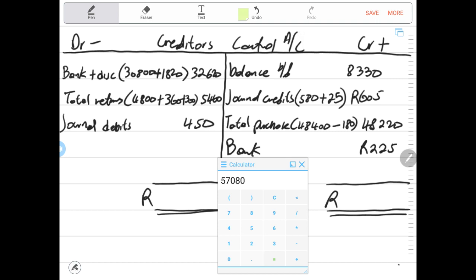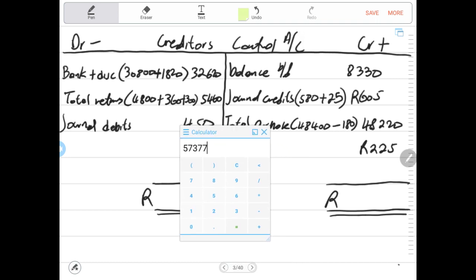That gives us 57,000. Let me verify those calculations, I think I misstated. 8,330 plus 605 plus 48,220 plus 225. We have 57,377. Let me verify that for the last time.